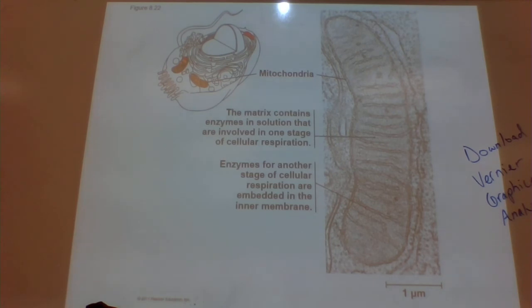So what do you think the purpose is of having cell organelles? What do cell organelles do? They localize chemical reactions. Organelles are ways of having different chemical reactions take place in different parts of the cell, right? So my question to you is this. How do you localize chemical reactions?